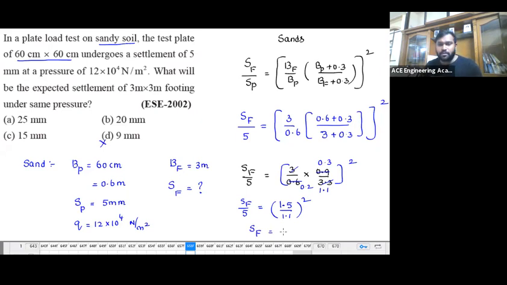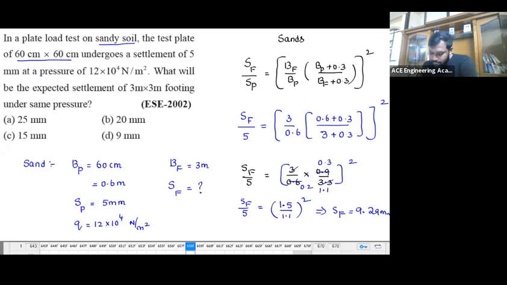Okay, sorry, it should be less than that. 1.5 by 1.1 square into 5. So the answer, if you solve, is going to be 9.29 mm.